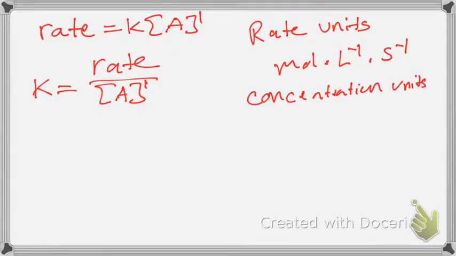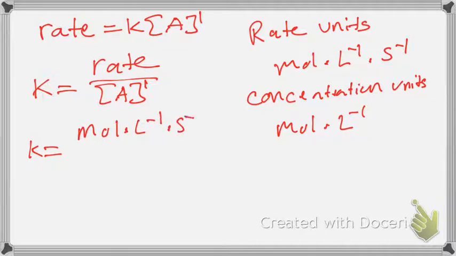units are moles per liter. All right, so let's throw these units into our expression here. So K, therefore, should have units of rate, which is moles per liter per second, over moles per liter.